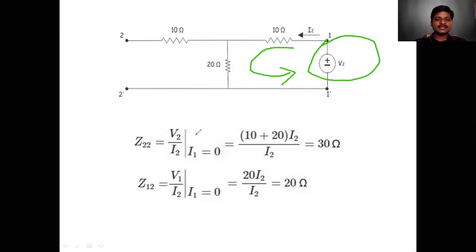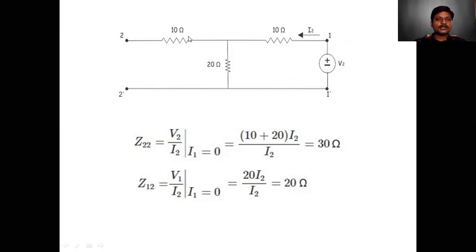In a similar fashion, you can find Z22 and Z12. This is how you have to find Z22 and Z12.